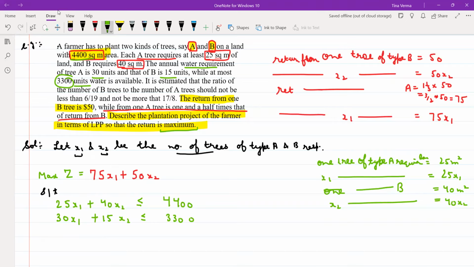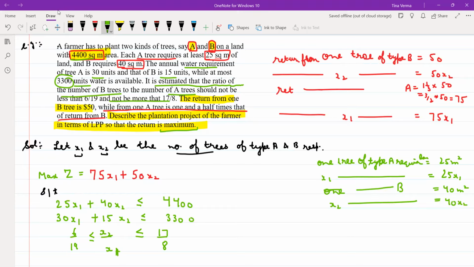The next thing given: it is estimated that the ratio of the number of trees of type B to the number of type A should not be less than 6/19. That means it should be greater than or equal to 6/19, and not be more than 17/8. That means it should be less than or equal to 17/8.